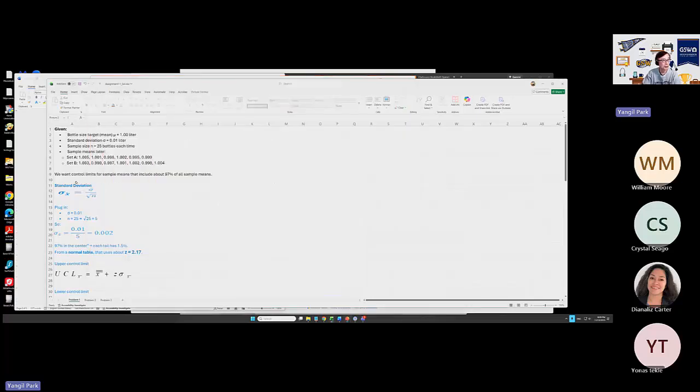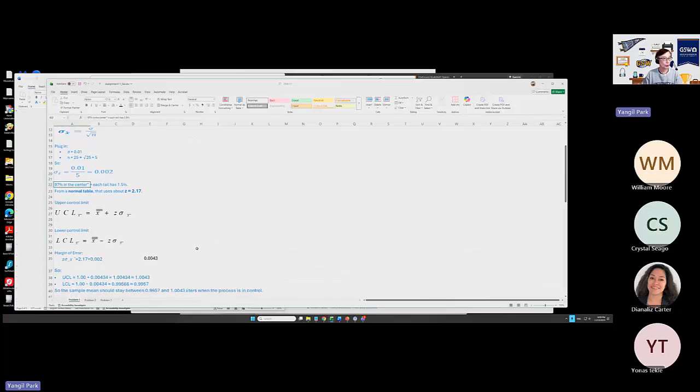But anyway, this is from the textbook. So plug those numbers into the standard deviation formula, then we get 0.002. Again, we need the z-score, with each tail at 1.5. If you go to the normal table from the textbook or any reference, you'll find the z-score is 2.17.